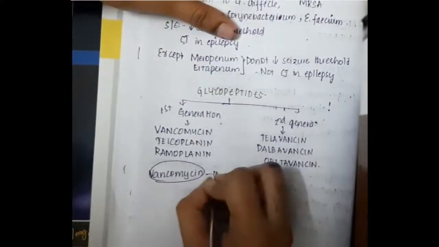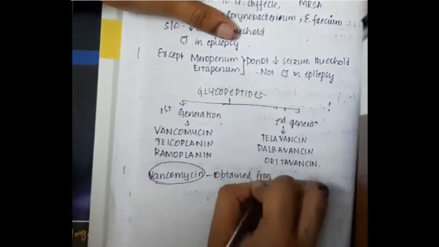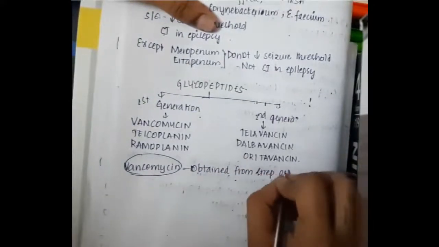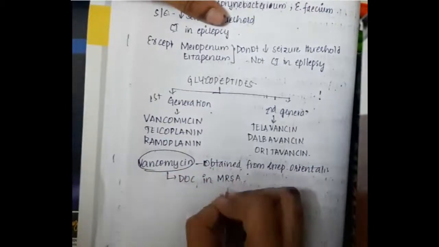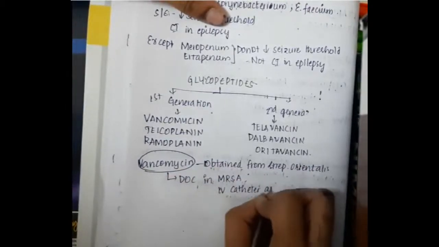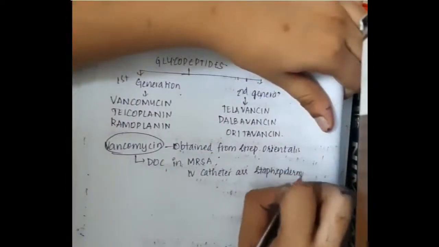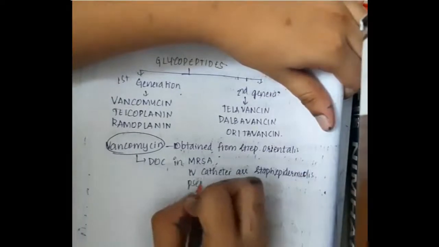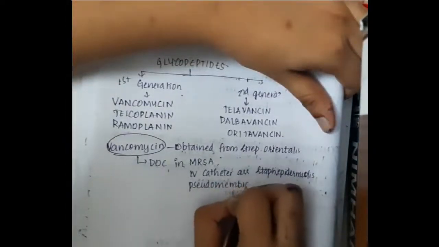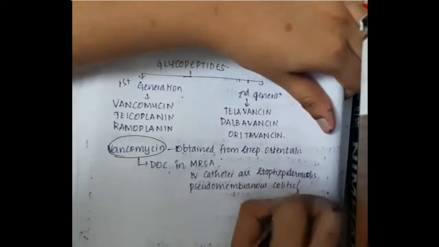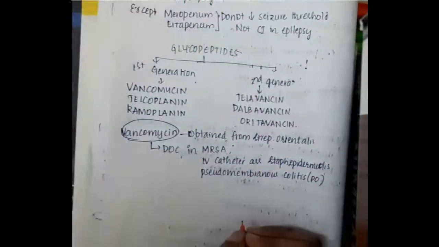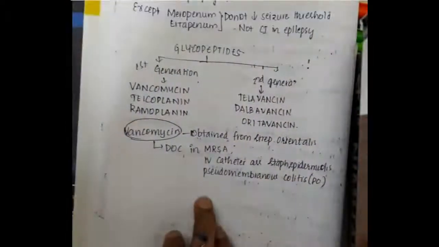So first, most important is vancomycin. Vancomycin is the drug which is obtained from Streptococcus orientalis. Vancomycin is the drug of choice in methicillin resistant Staphylococcus aureus, IV catheter associated Staphylococcus epidermidis and also pseudomembranous enterocolitis, that is oral.